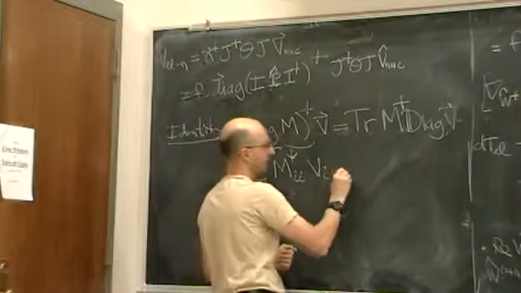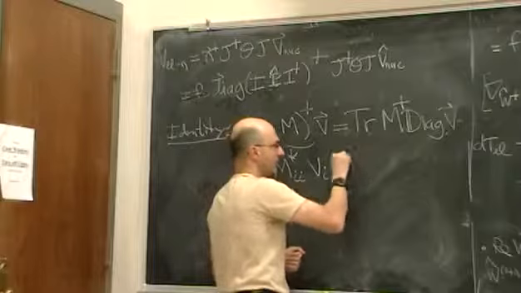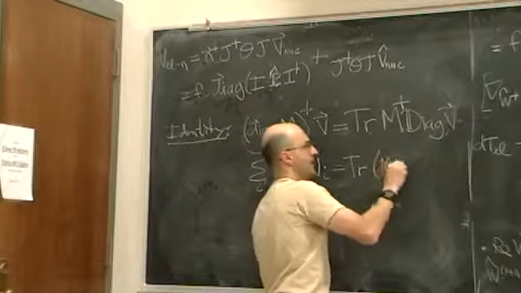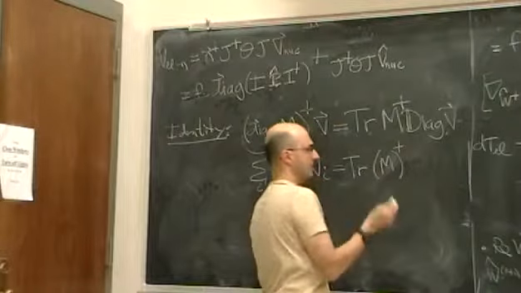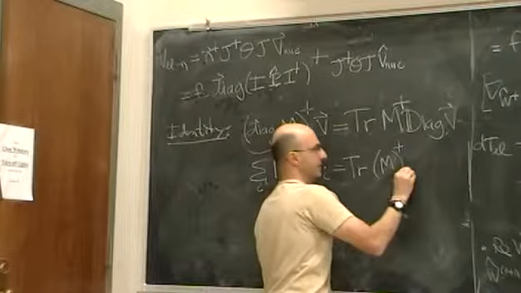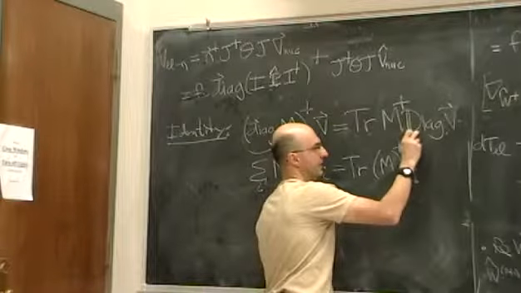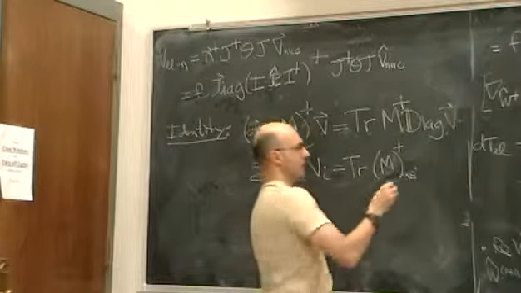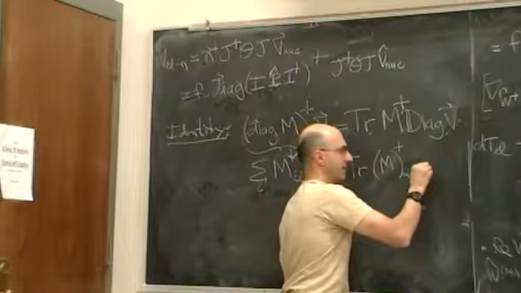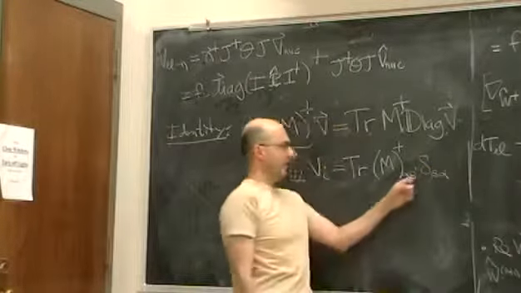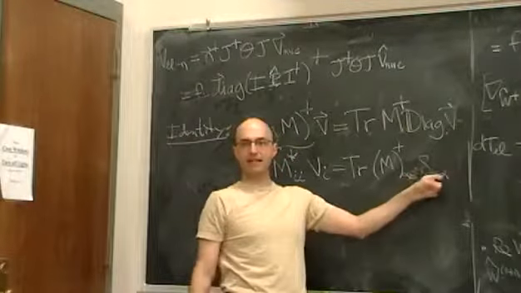This guy here would be then the trace of M dagger, say, I make up some indices here, alpha beta, times, now the diagonal of V would be, to make a diagonal matrix of that, I would make a matrix delta beta alpha, so that I'm multiplying when I sum on betas here.